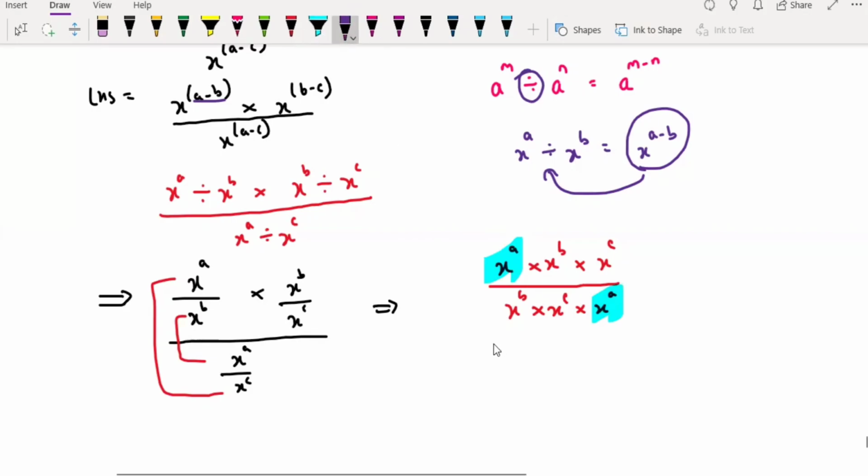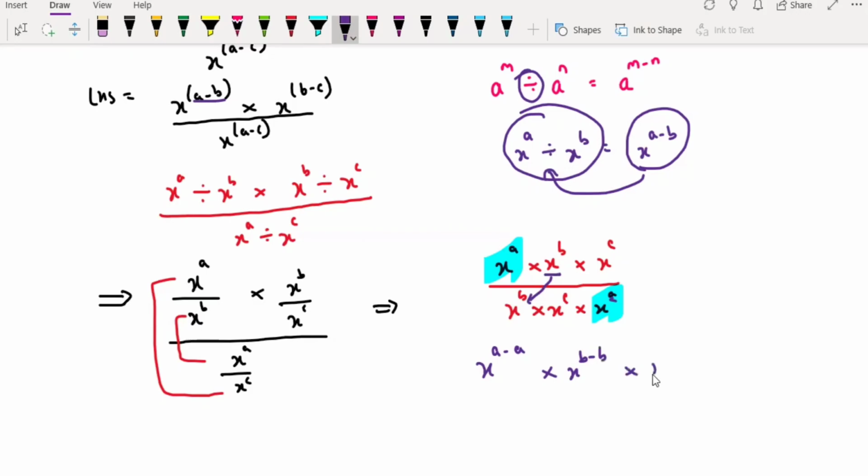So we apply the division formula: x to the power of a minus a, the denominator's power being a, so we subtract, into x to the power of b minus b, similarly. We apply the division formula and separate our powers, x to the power of c minus c. If you're not able to get this step, you can cancel directly, and finally you're going to get 1.